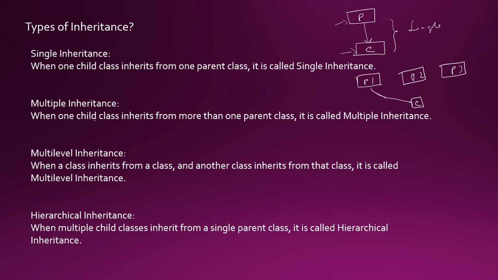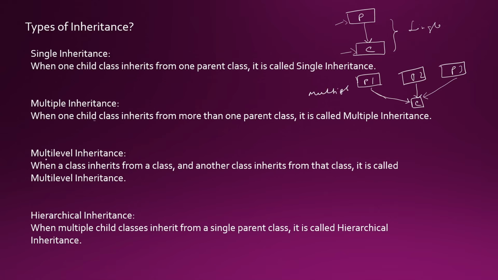Now this child class is inheriting all the properties from all the parents. When one single child class is inheriting all the properties from more than one parent class, that is called multiple inheritance.